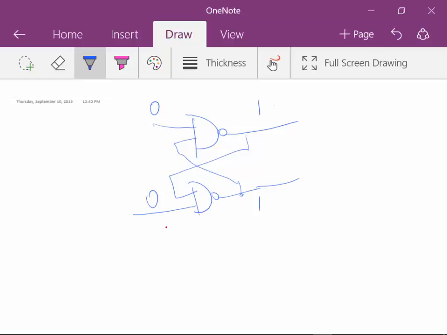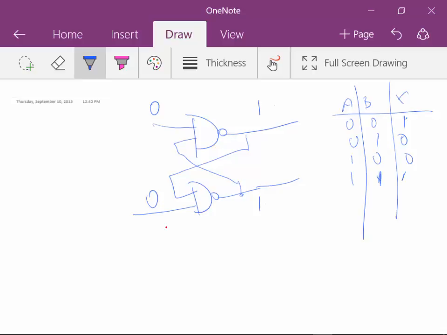If they're both 0s, it's going to want to put 1s on both of them. There's no choice there, because if I look at the logic table for a NAND gate, A, B, X: 0, 0 gives 1; 0, 1 gives 1; 1, 0 gives 1; 1, 1 gives 0.